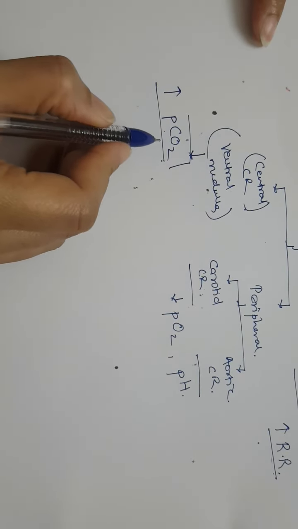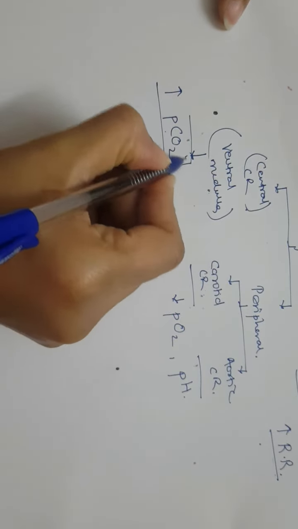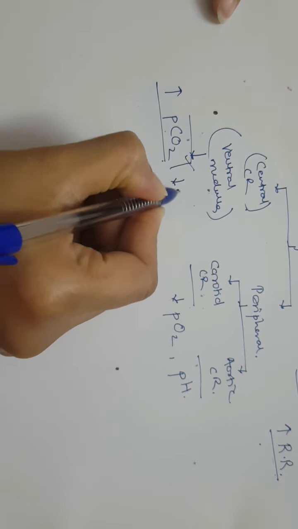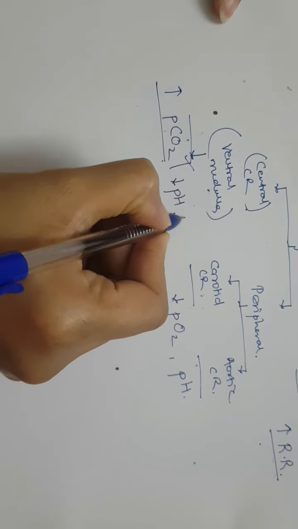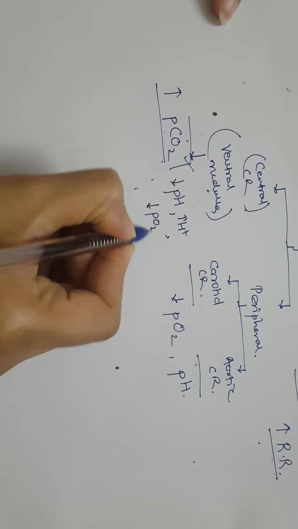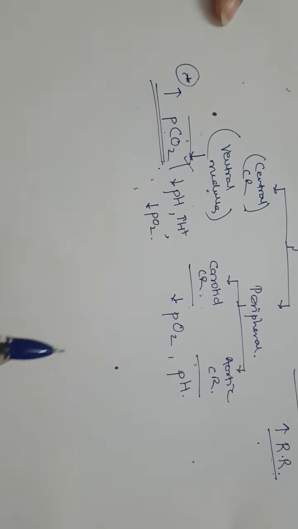Now, how is respiration regulated by the central chemoreceptors? The central chemoreceptor is sensitive to increased PCO2, decreased pH, that is increased hydrogen ion concentration, and decreased PO2 too. The most important stimulant is an increase in PCO2.